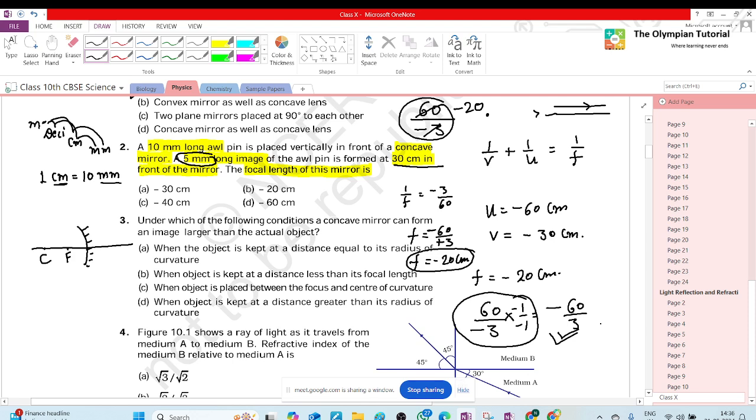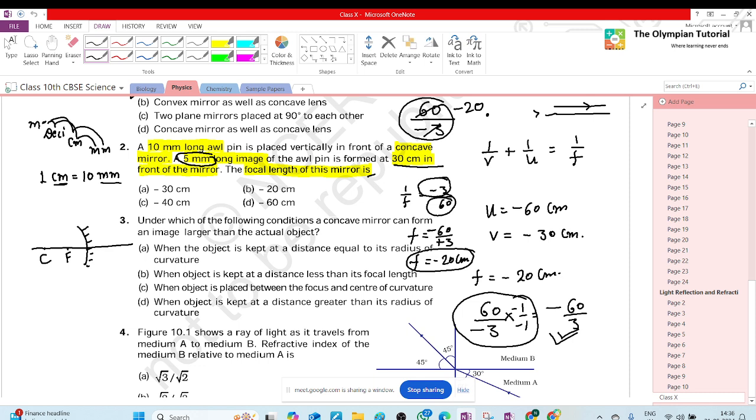Oh, okay, ma'am. So this applies for everything. Anytime I'm taking a reciprocal, the answer will be correct. If one value in the numerator or denominator has a negative sign, the final answer will also have a negative sign.